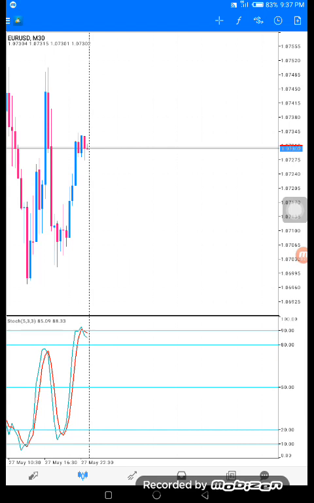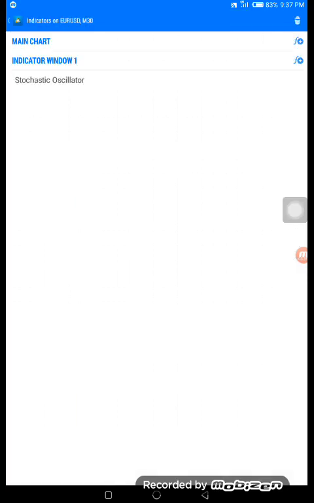Then the second indicator that we are going to put down is the RSI. Here now you have to click this F button in the indicator window 1, not on the main chart. In indicator window 1, not this main chart.